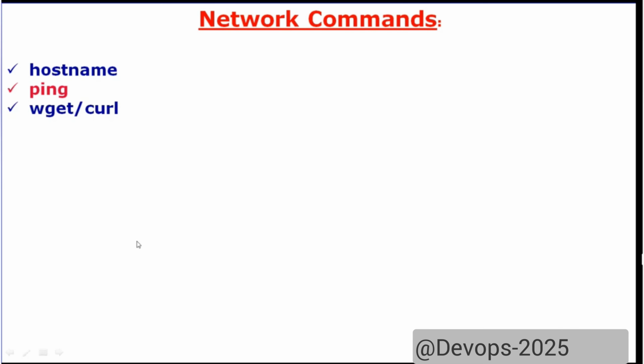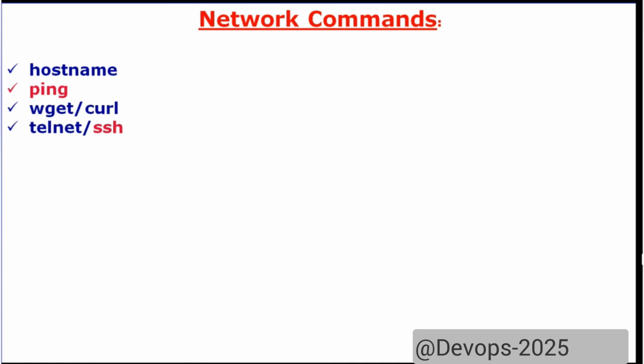The next thing is telnet and SSH. Telnet and SSH are network commands which we can use to connect from one server to another server. Telnet is a telecommunication network protocol. The port number is 23, and we can use it to log in from one Linux server to another.